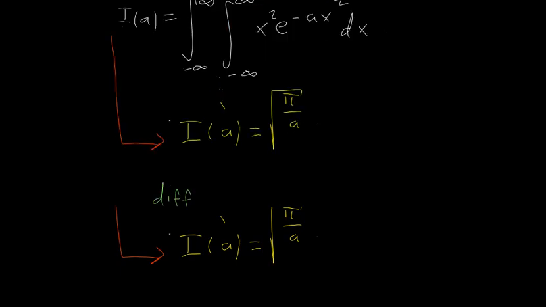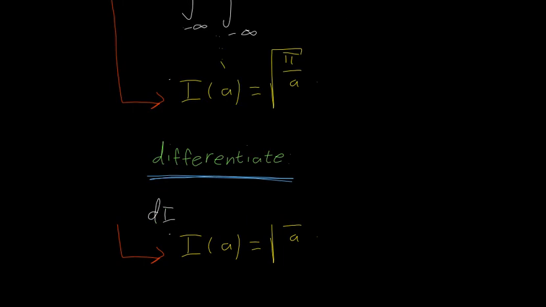If you were to differentiate, and this is just to show you something interesting here, I get my dI/dA. So if I differentiate, I get my dI/dA. What would that give us?